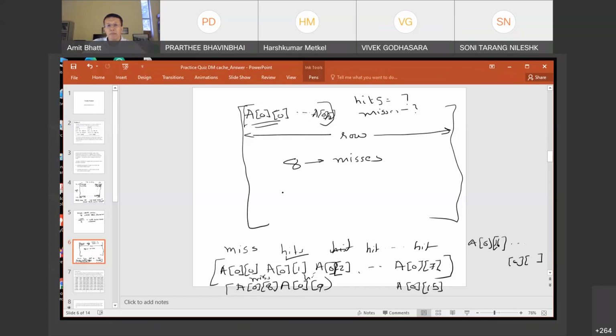But the rest of the elements, 7 elements per block, would be a hit. So there are 7 into 8, 56 elements or words or data which will be a hit. Is everyone comfortable with this? Does everyone understand this? Because this is a very important concept.